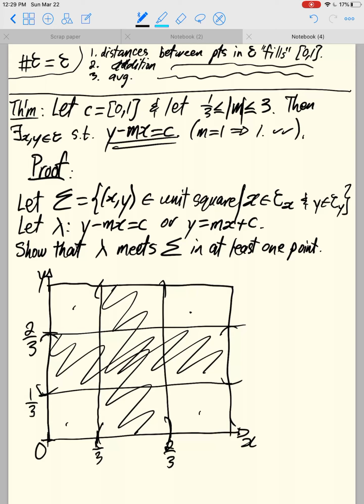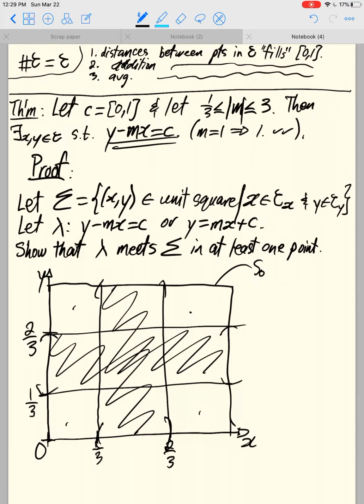Let's call the unit square, the big square, S0, and we will give names to these smaller squares shortly based on whether they intersect with this line or not, as we'll see.